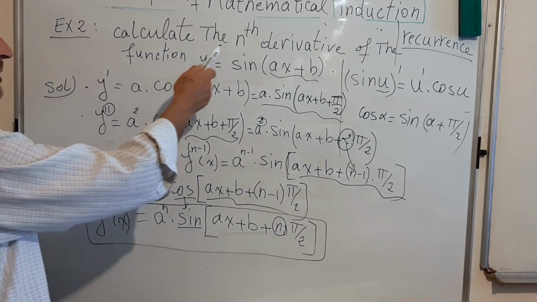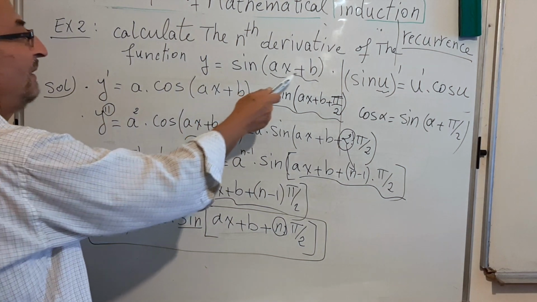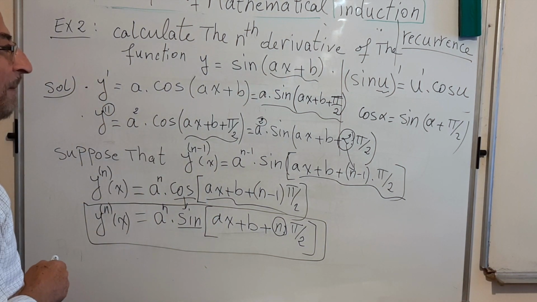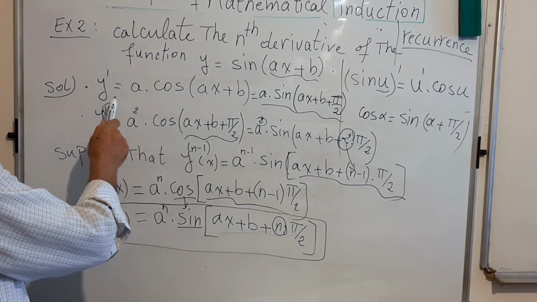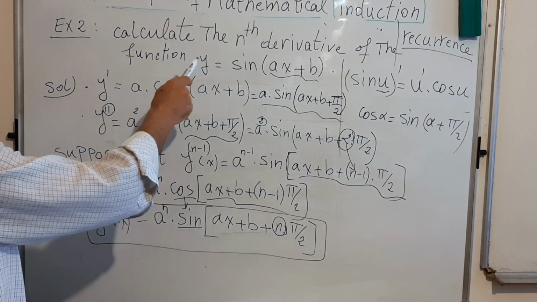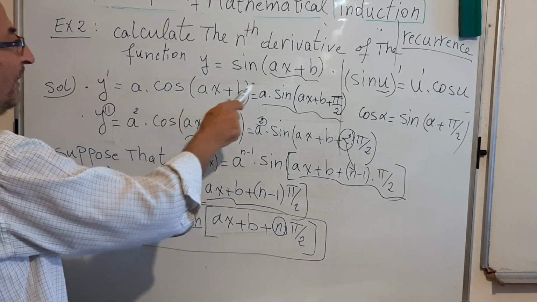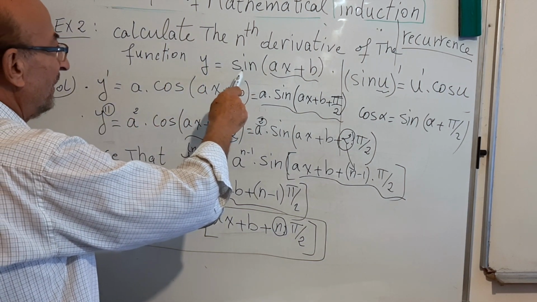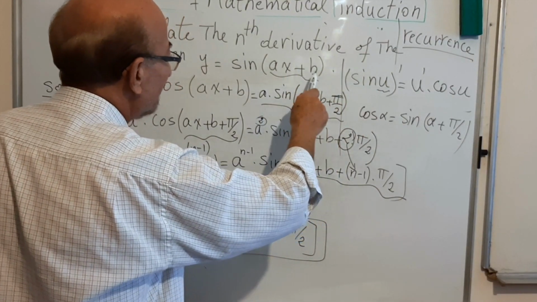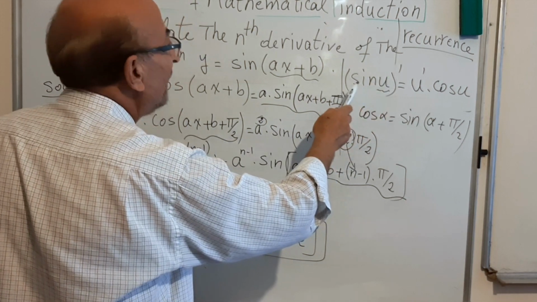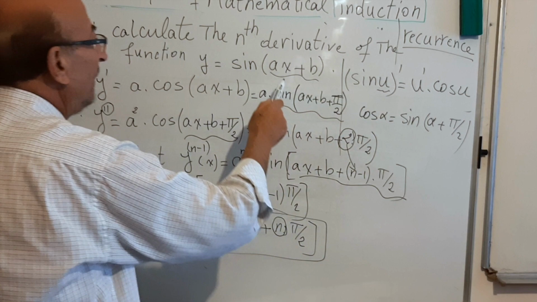Exercise 2. Calculate the nth derivative of the function y equals sine ax plus b. We try for the order 1, y prime, derivative of order 1. We have y equals sine u with u equal ax plus b, and the derivative of sine u is u prime times cosine u.